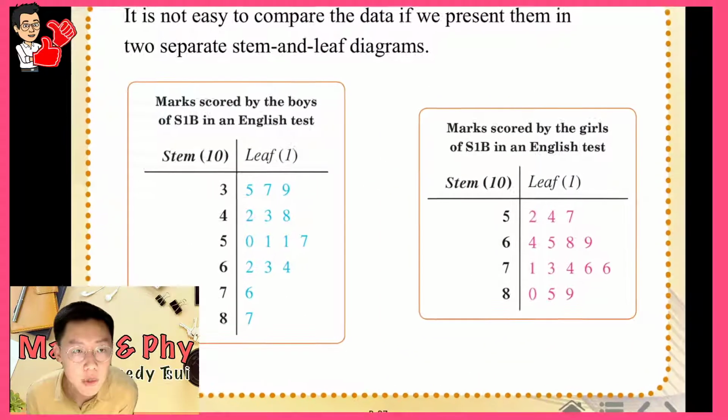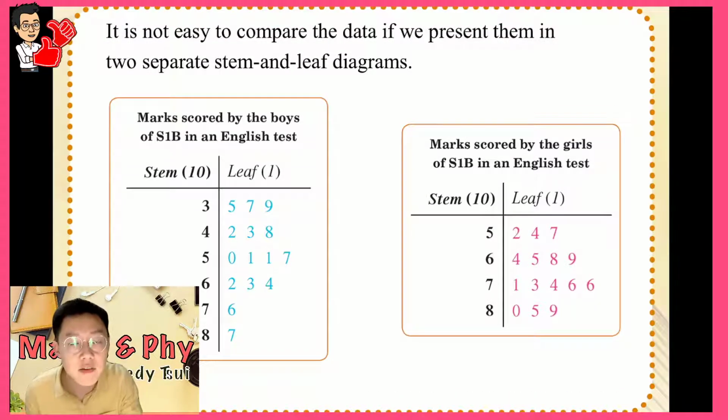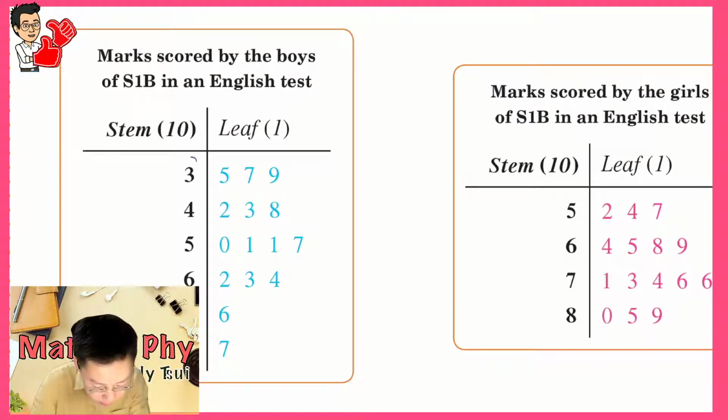However, if we look at these two stem-and-leaf diagrams, it is not easy to compare the data if we present them in two separate diagrams. For example, you can see for boys, the stem part starts from 3, and also 4.